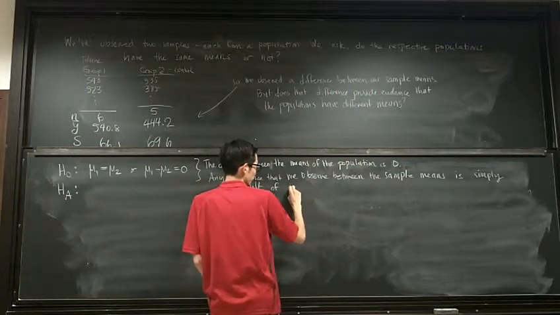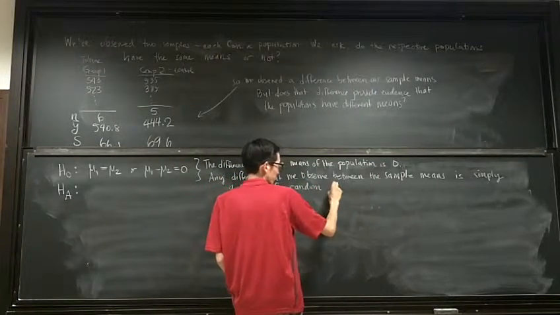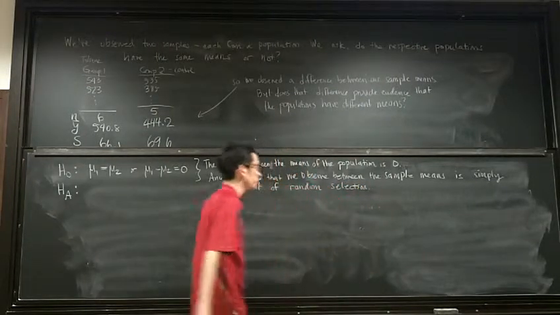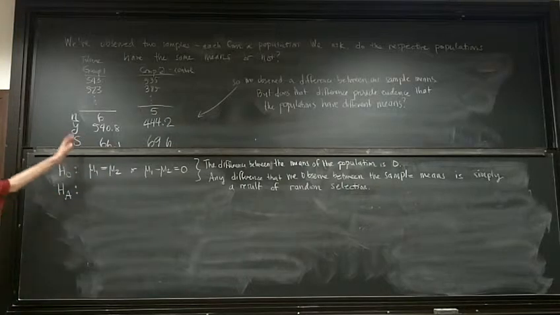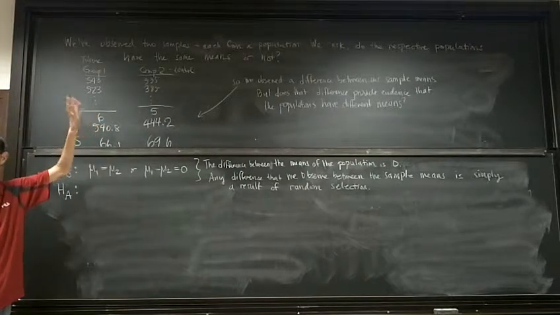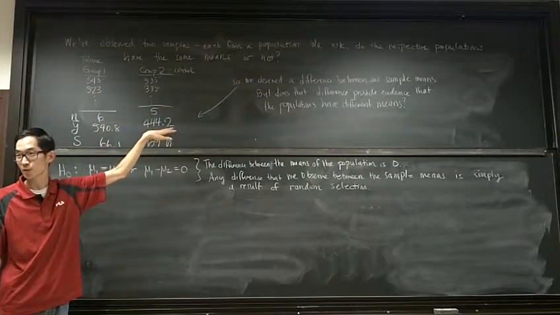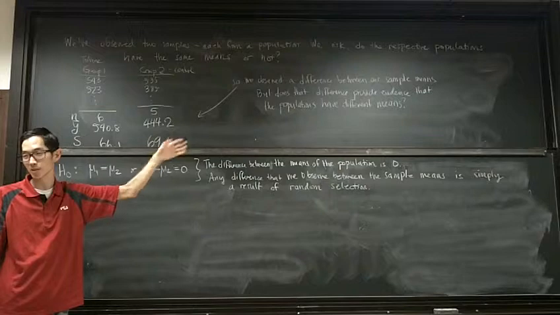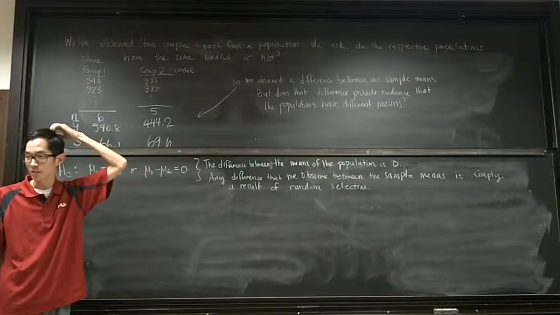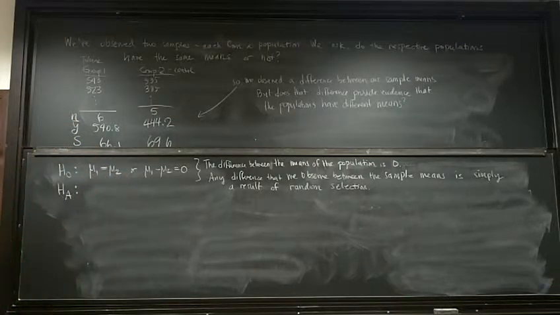Simply the result of random selection. Meaning, just by random chance, I happened to pick 6 mice where the mean was 540, and by random chance, I happened to pick 5 mice where the mean was 444. That gave me a resulting difference of almost 100. That's what the null says, okay?